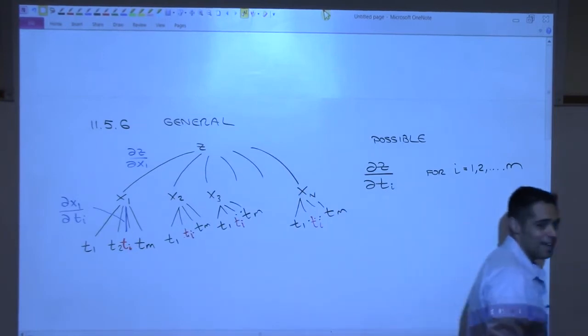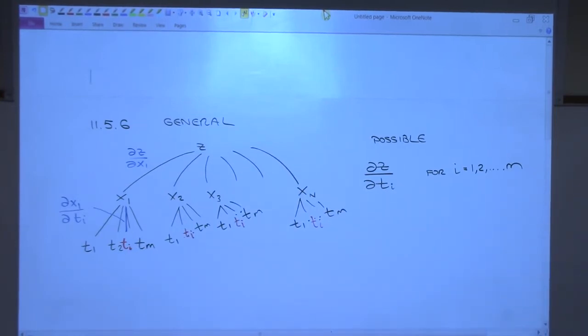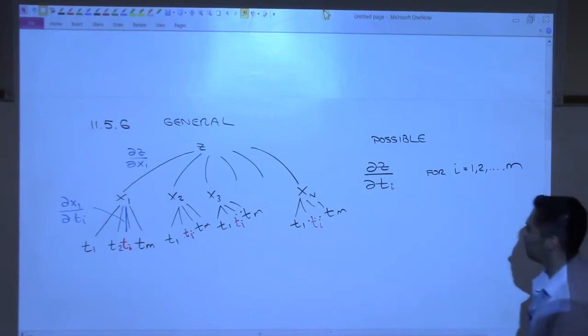Okay, so let's see if I can write this out. I don't know if you'll be able to keep up with this. I have to erase the picture. Maybe I can put it down here.